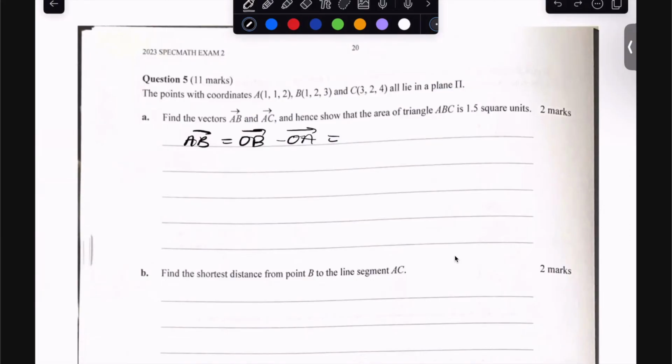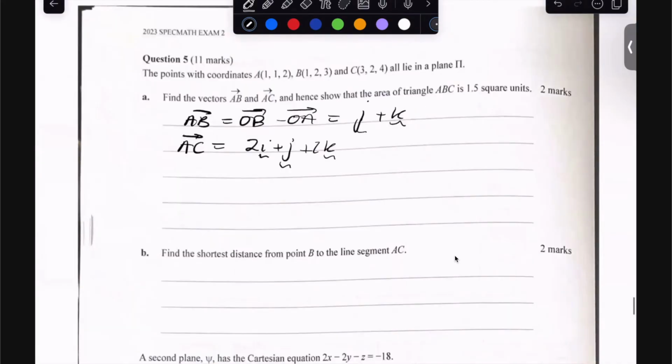So that's just 0i, plus j, 2 minus 1k, plus k, so it's just j plus k. Now AC is equal to C minus A, so that's 2i, plus j, plus 2k, I think. Well, we'll check if that's right if we get this 1.5.